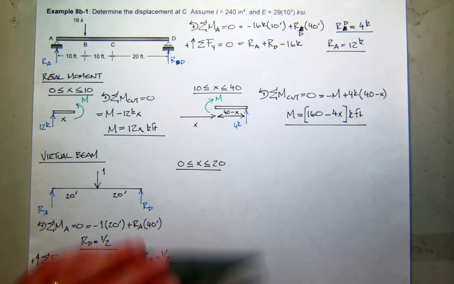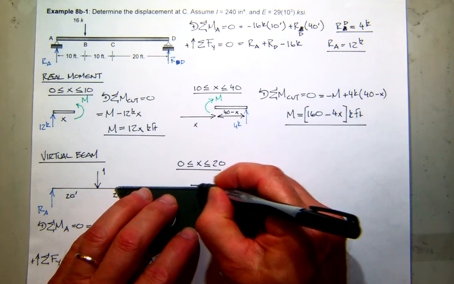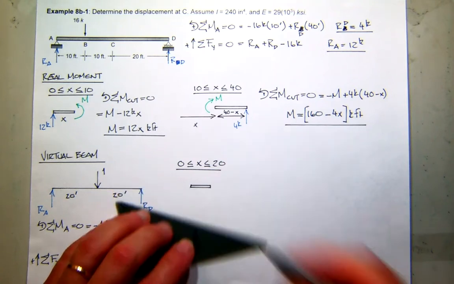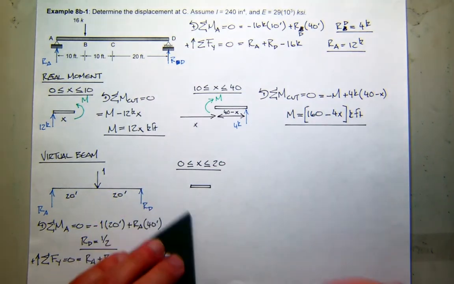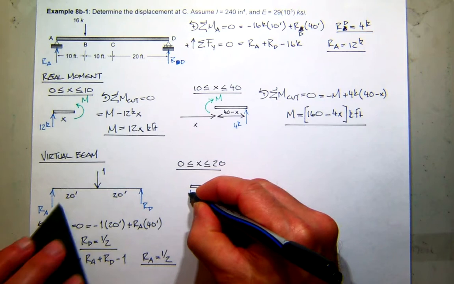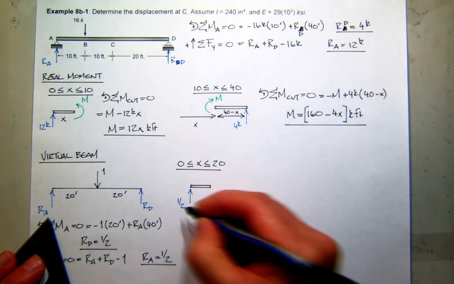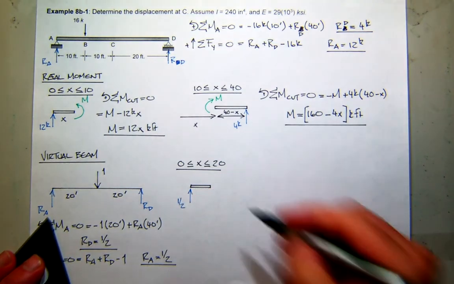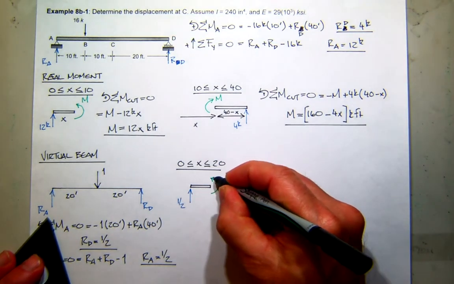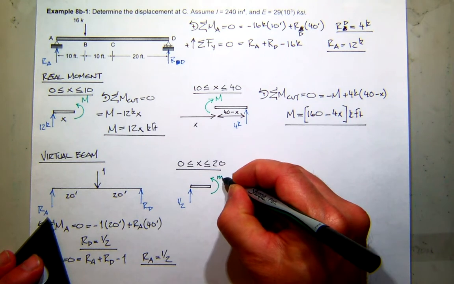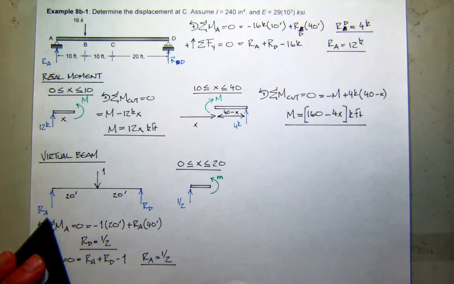Left side. Left side I think is a decent choice, so I will do that. I will put on my reaction that I found at A, which was 1/2, and I will assume my positive bending moment. I'm using the lowercase m there to indicate that's a virtual, and that at some distance x.